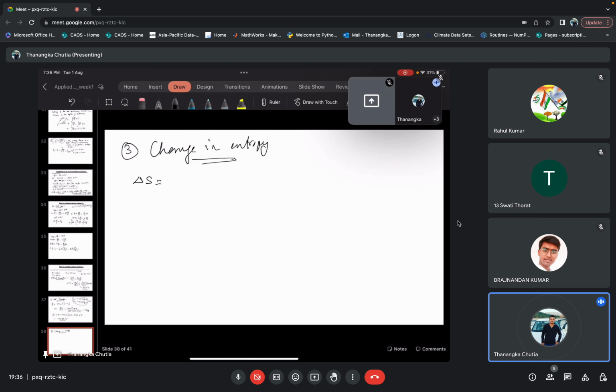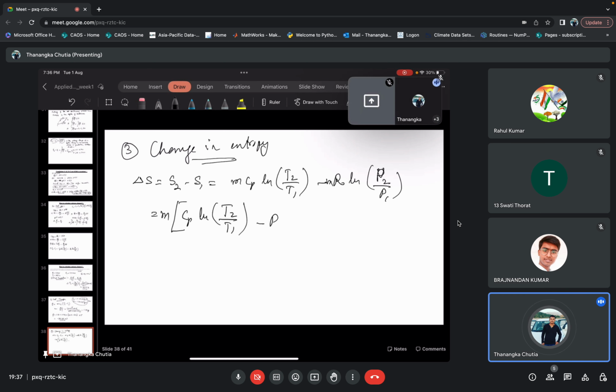Delta S, that is S2 minus S1, will be equal to m Cp ln T2 by T1 minus m R ln P2 by P1. Okay, I can also take m common: m times Cp ln T2 by T1 minus R ln P2 by P1.